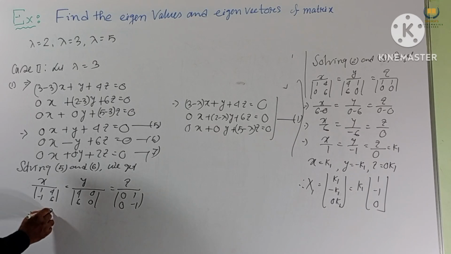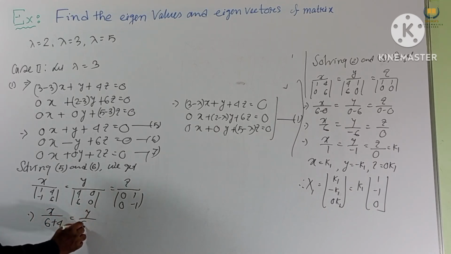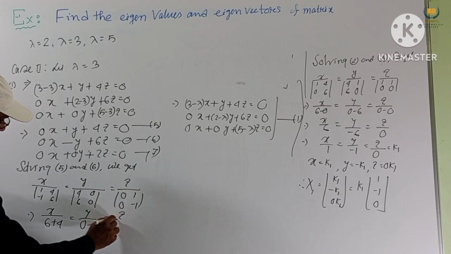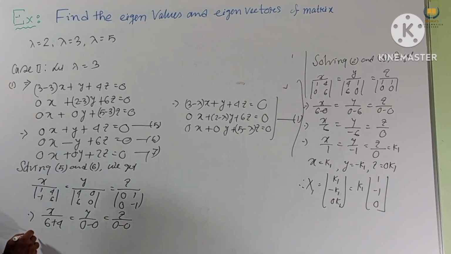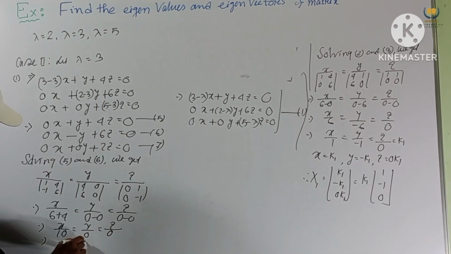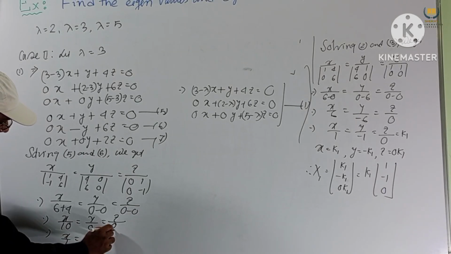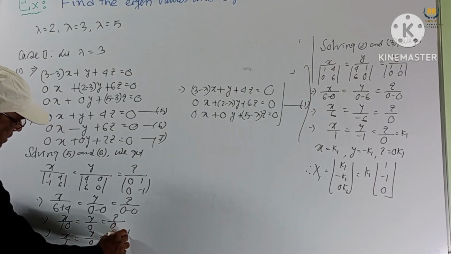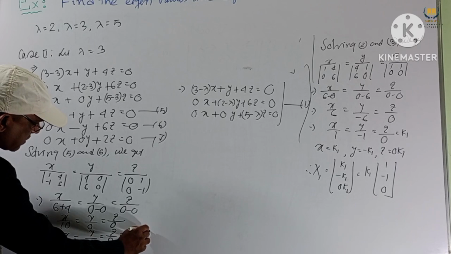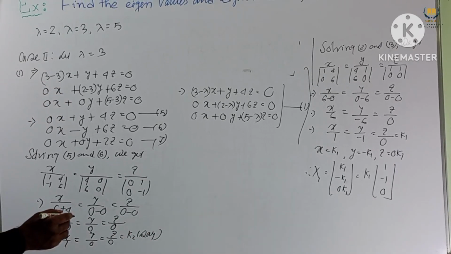Now we calculate x by 6 plus 4, y by 0 minus 0, z by 0 minus 0. So x by 10, y by 0, z by 0. Dividing by 10, x by 1, y by 0, z by 0. This equals k2.